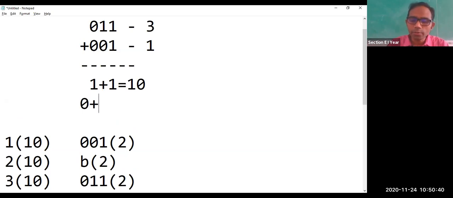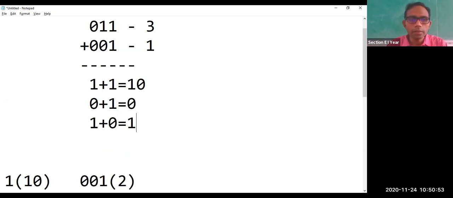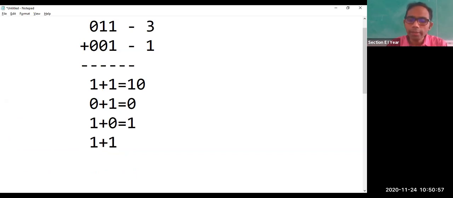We said 0 plus 1 is equal to 1. Then 1 plus 0 is equal to 1. Then 1 plus 1 plus 1 is equal to 1 1. So these are binary additions.